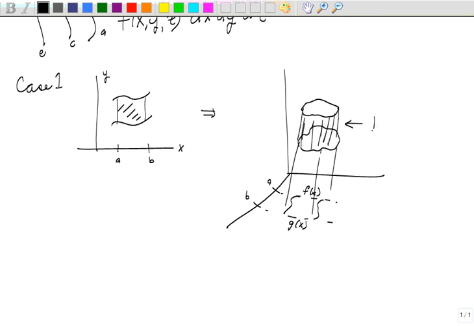So this time, our region is R, and this is k of x, y, and let's say that surface is j of x, y.